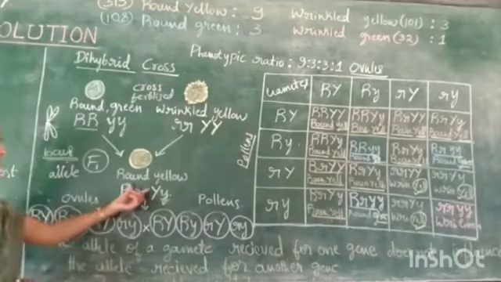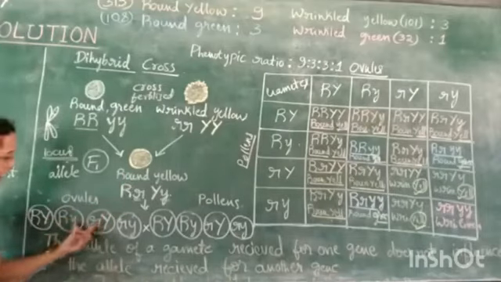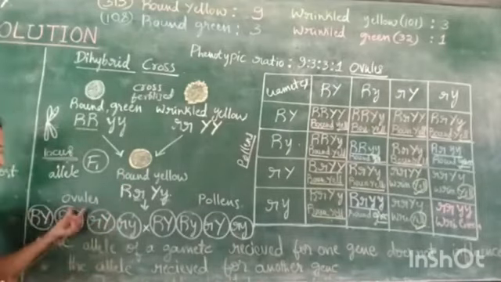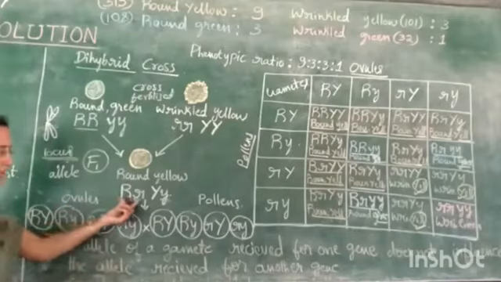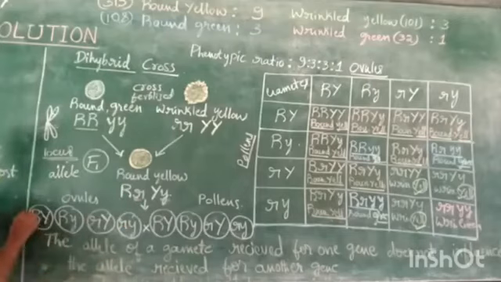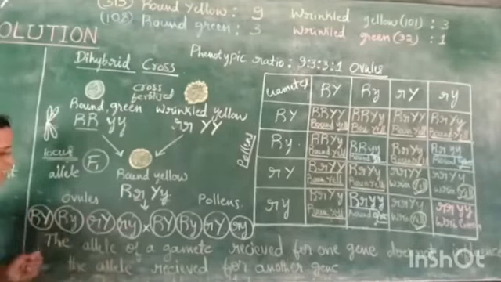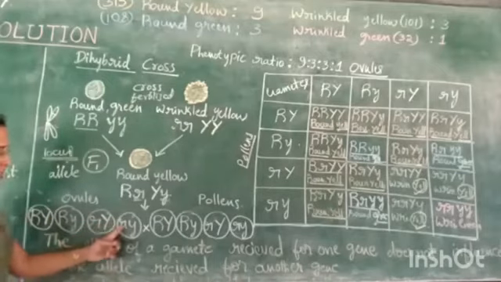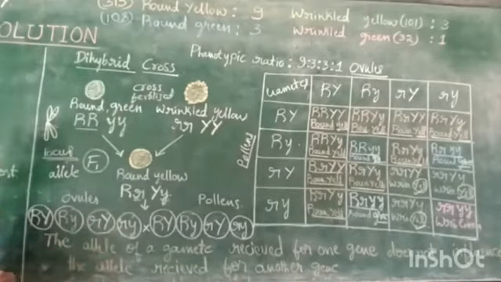So when this plant generated the gametes, the ovules contain all the possibilities of the mixture of these two characters: capital R with capital Y, capital R with small y, small r with capital Y, small r with small y. What do we mean by this?